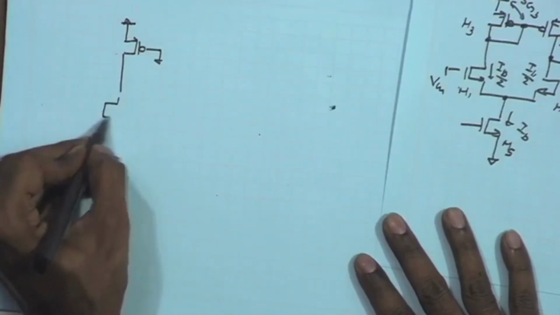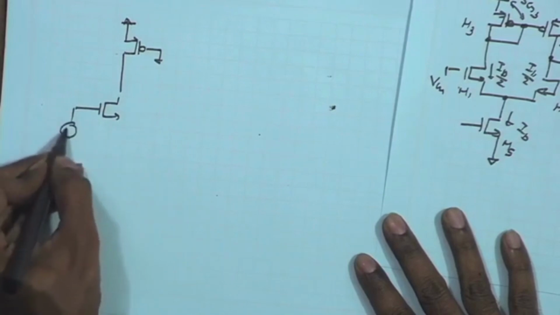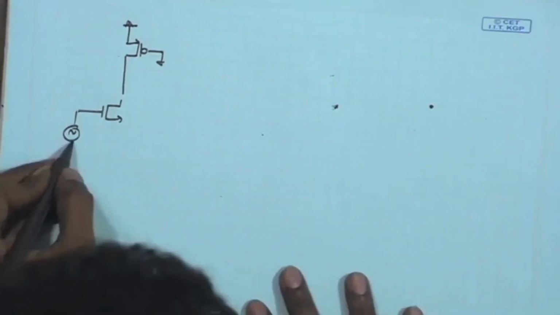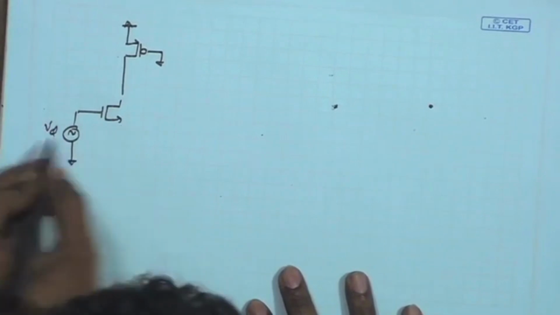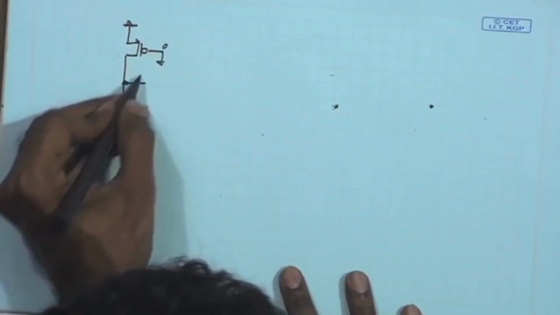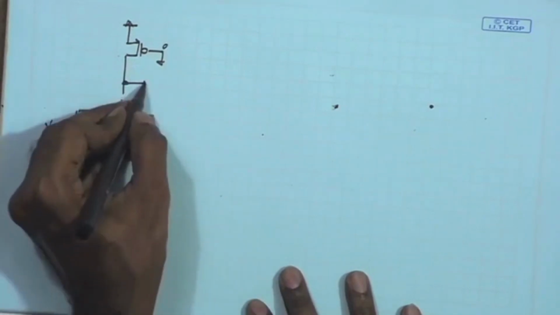You have the NMOS gate receiving Vd by 2, and this is an AC ground, and you are having the output signal over here.